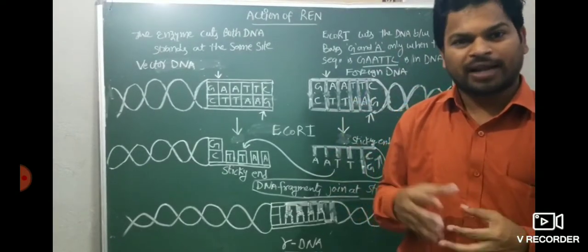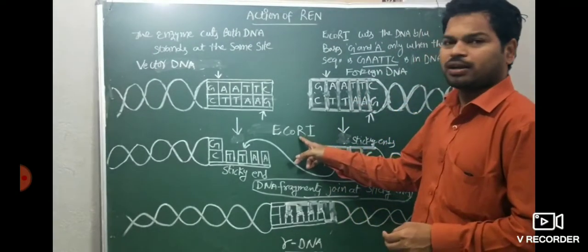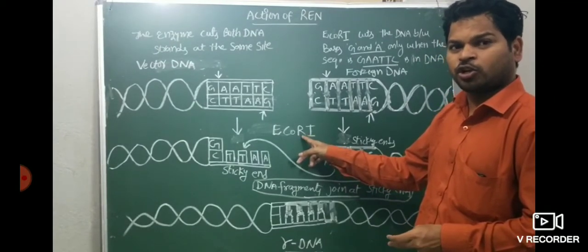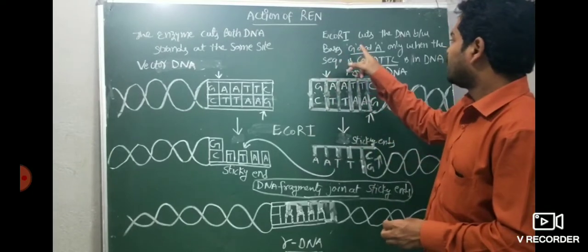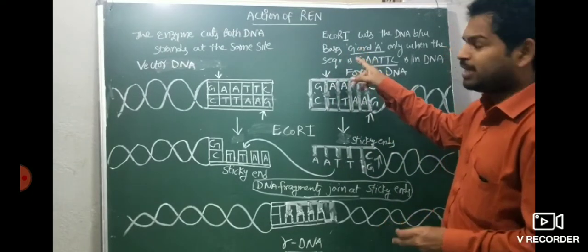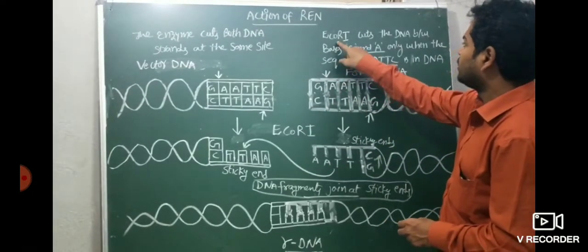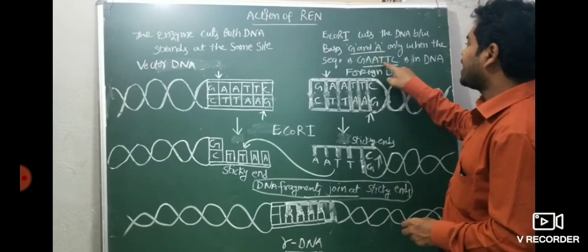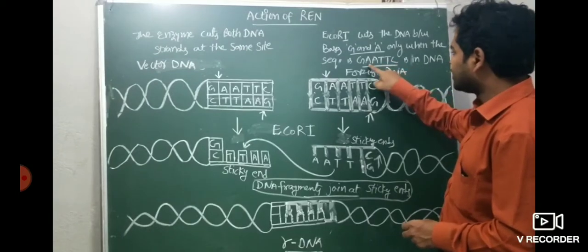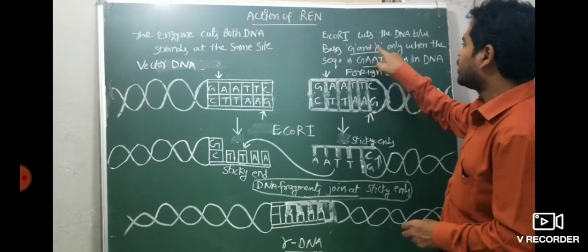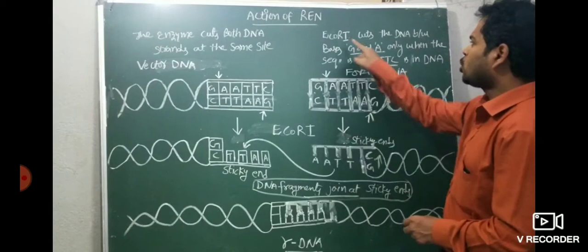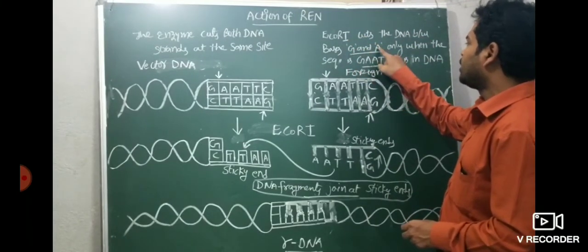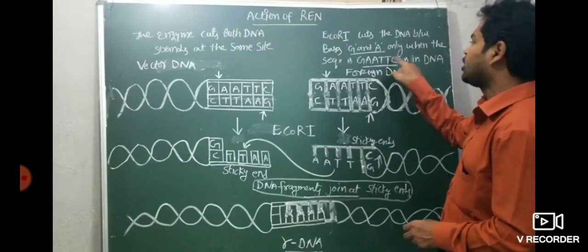sticky ends. For example, the EcoR1 restriction endonuclease enzyme cuts the desired gene. EcoR1 identifies the sequence GAATTC and cuts this sequence between the guanine and adenine bases. That is very important. EcoR1 cuts the DNA between which nitrogen bases? Guanine and adenine, when the sequence is GAATTC.